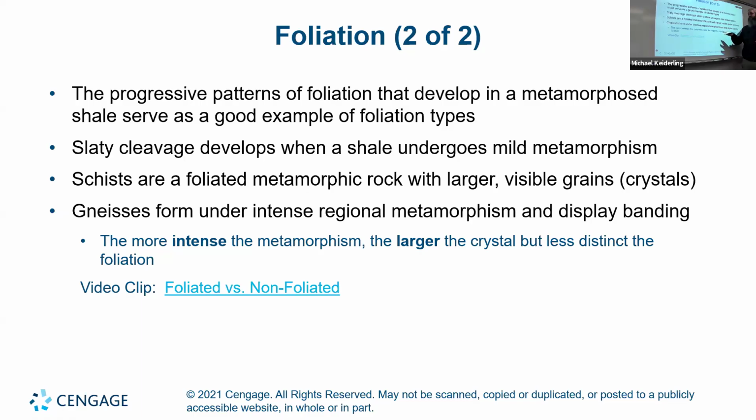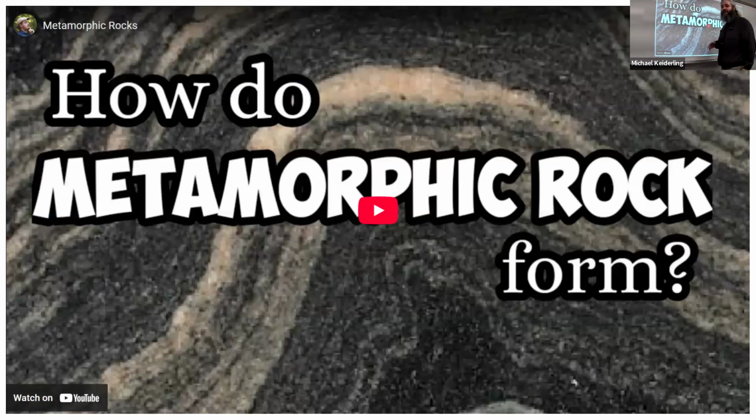And then gneisses form under intense regional metamorphism, and they display banding. And the more intense the metamorphism, the larger the crystals, but the less distinct the foliation. So here's a short video about the difference between foliated and non-foliated rocks and how metamorphic rocks form.